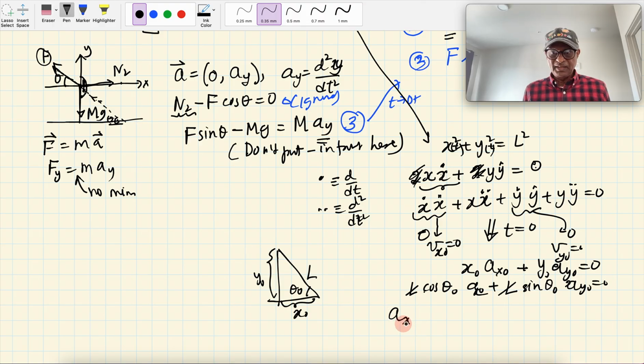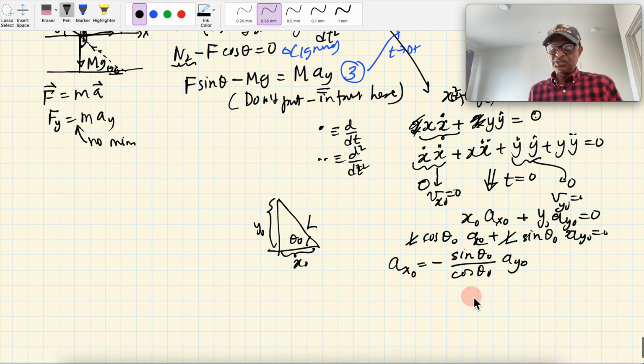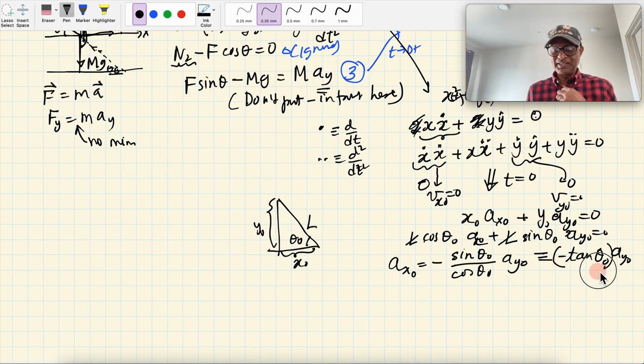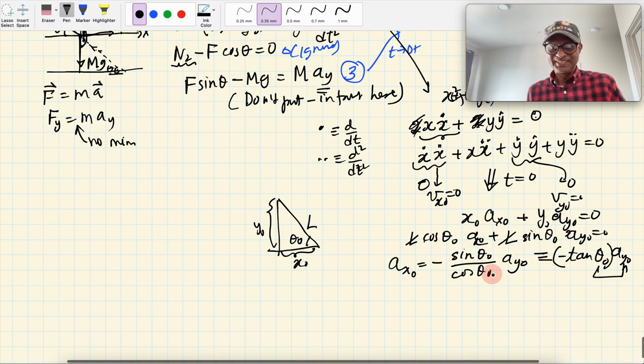So we can write a x equal to minus sine theta 0 over cosine theta 0 times a y0. We're only looking at time 0, right? So this is minus tan theta 0 times a y0, like that, so I don't get confused. This is not multiplying that guy.